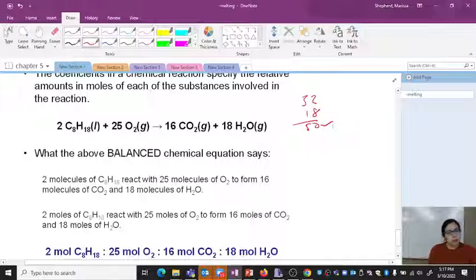And so again, this is just ratios. So we could say this is 2 individual molecules of octane reacting with 25 molecules of oxygen to give us 16 molecules of carbon dioxide plus 18 molecules of water. Or we'll look at moles. So we've kind of touched on moles before.